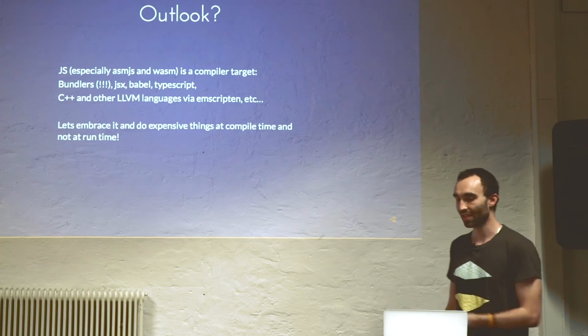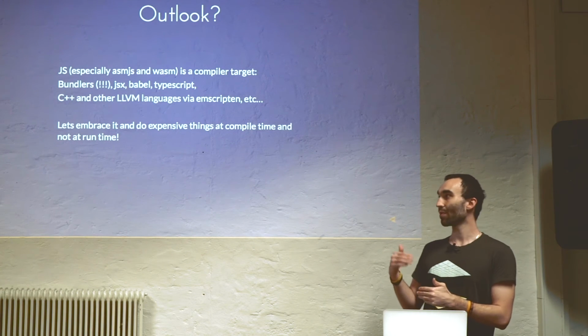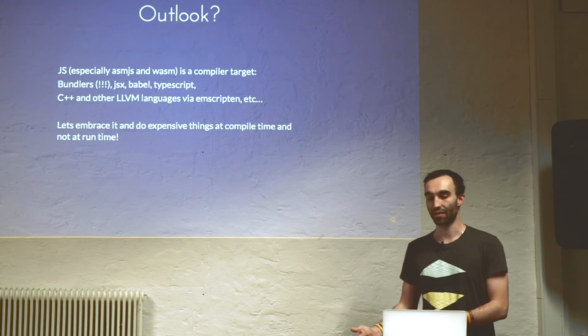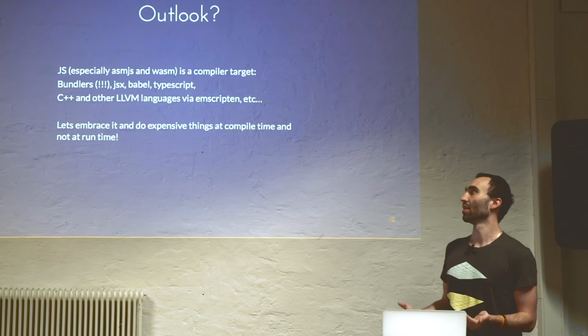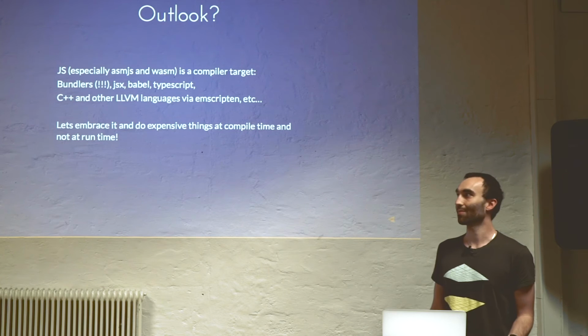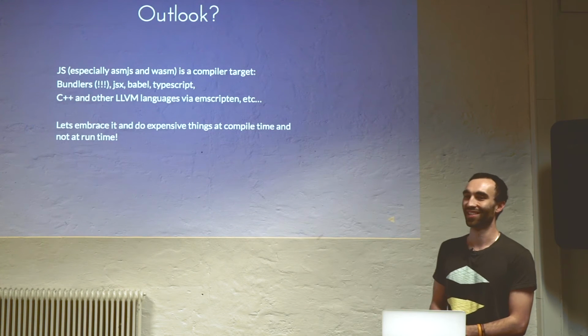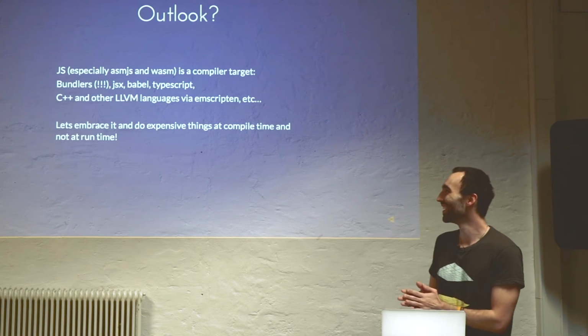And of course, C++ and all the LLVM languages you can use via Emscripten, they are all compiled to JavaScript. So JavaScript is your compiler target. So maybe let's just embrace it and do more and more optimizations at compile time instead of at runtime. That would be really nice to do. But somebody has to do it. So that's basically it.